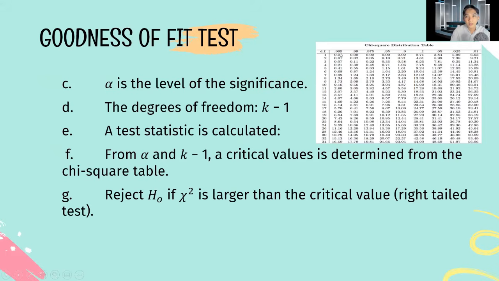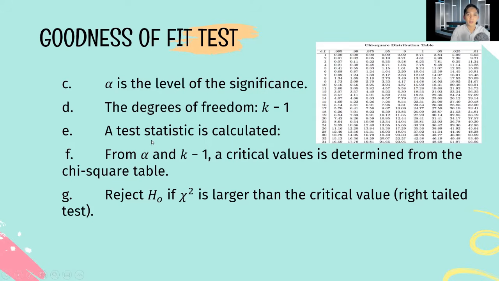Yung nasa upper part natin ay level of significance: 0.01, 0.025, 0.05, and so on. Given naman yan sa ating mga problems. Then we have D.F., yung degrees of freedom, k minus 1.